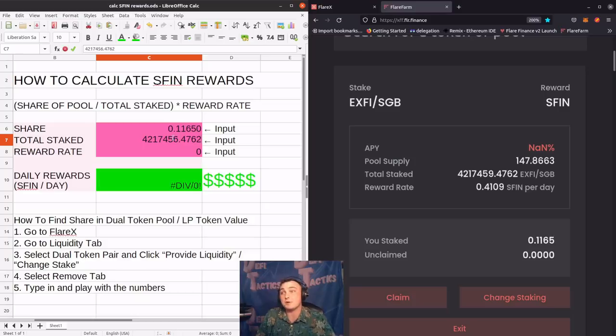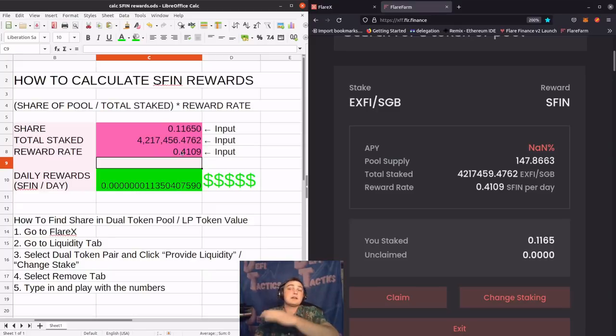So we're going to enter that into our little calculator. That's 4.2 million tokens. And since it's a dual token pool on the farm, we've got a decently high reward rate at 0.4109. We click enter, it does the calculations for us, and we get 0.701135. That's how much SFIN this amount of EXFI Songbird liquidity pool tokens is earning.